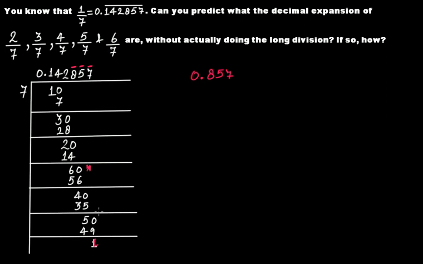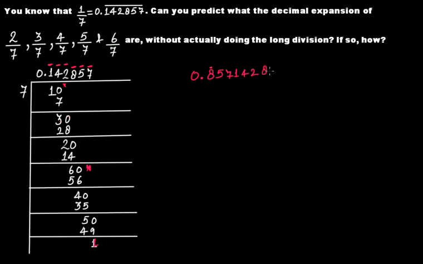You get 1. Now it's actually at this position, right? So 7 times 1 is 7. You get 3 here. You put 0. 7 times 4 is 28. You get 2 here. 0. 7 times 2 is 14. You get 6. And now your division will again start from this position, right?